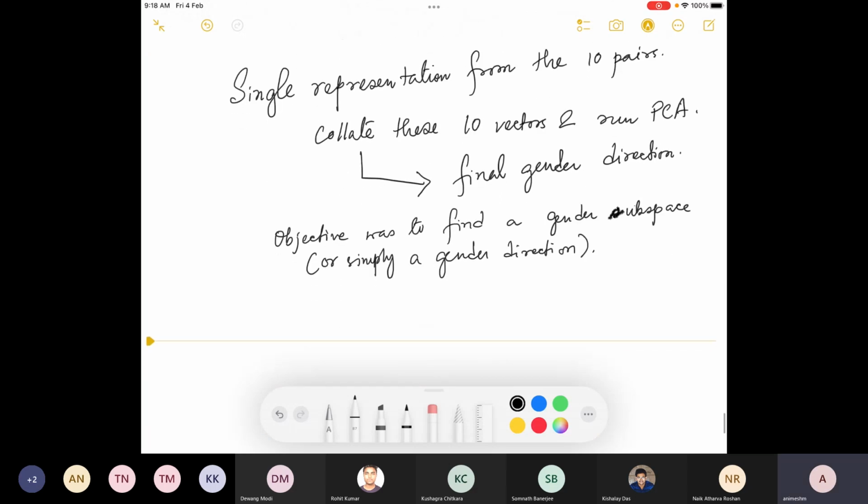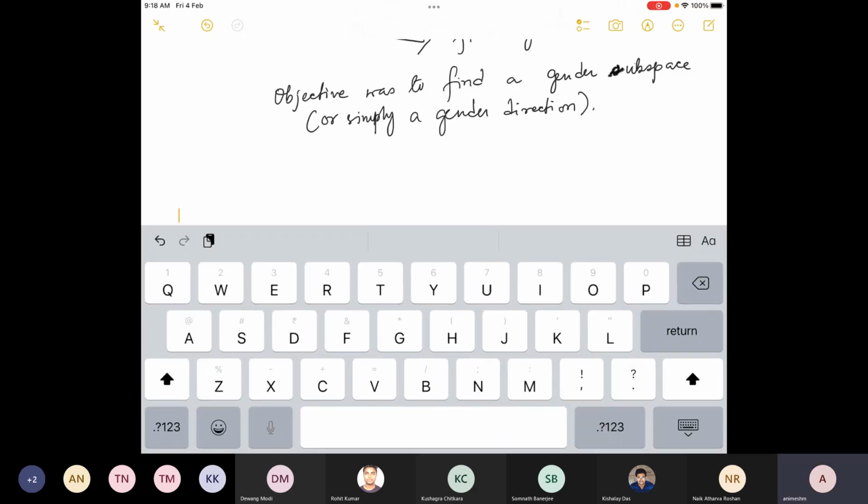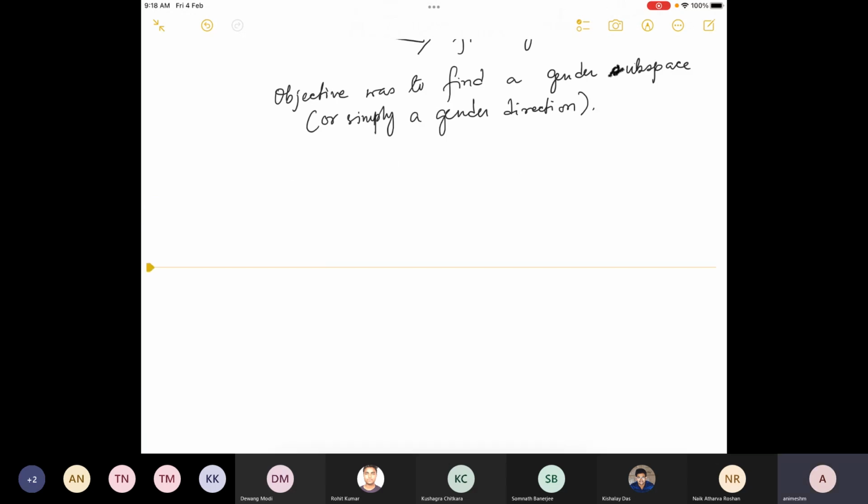Now, what do you think the authors would do once they have done all this PCA? Have they got hold of some representative gender direction? Let us recall again.